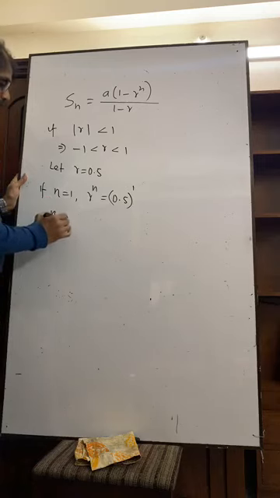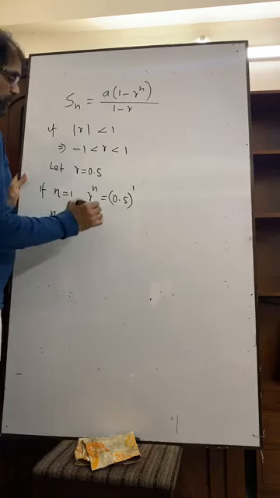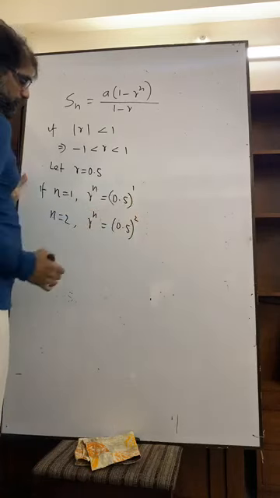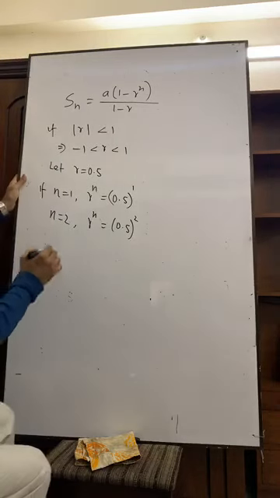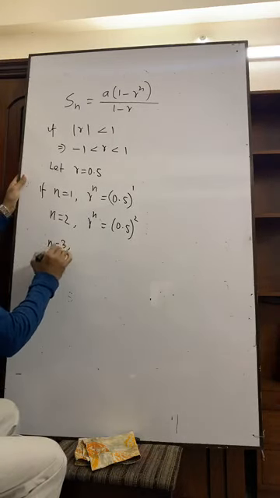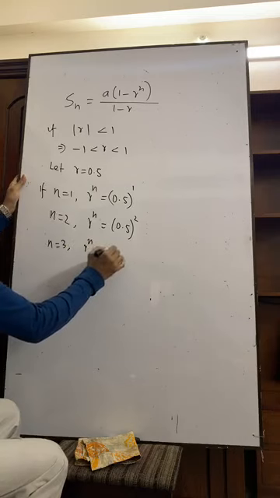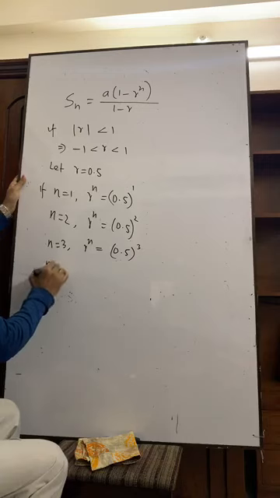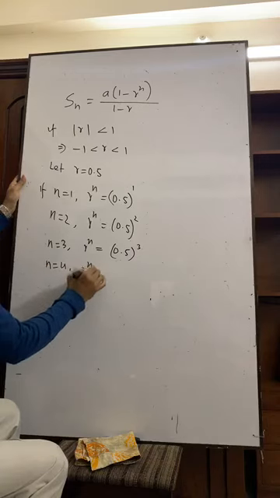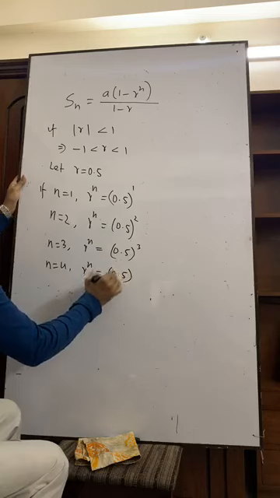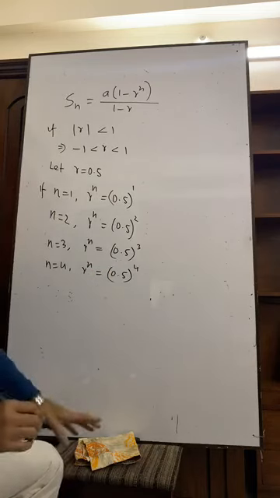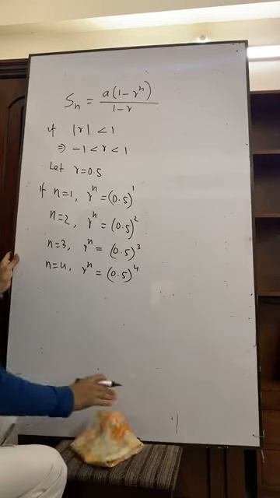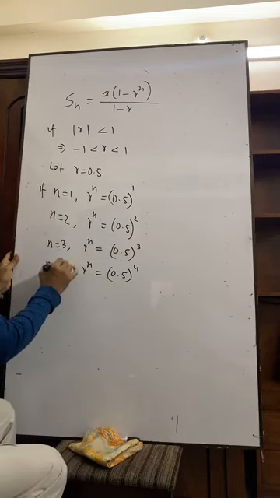If n equals 2, 0.5 whole to the power 2. If n equals 3, 0.5 whole to the power 3. If n equals 4, 0.5 whole to the power 4. I have written the values of n as 1, 2, 3, 4.